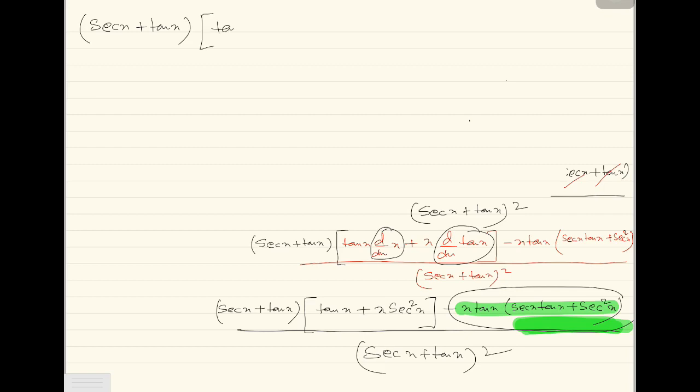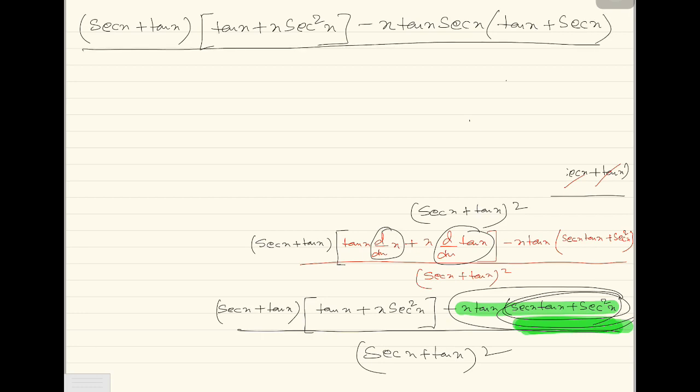Then I have here tan x plus x sec square x, and then minus x. I can take out sec x common here; tan x is already present, sec x will be common. So what's left inside the bracket? Tan x plus sec x, correct? Whole divided by (sec x plus tan x) whole square.